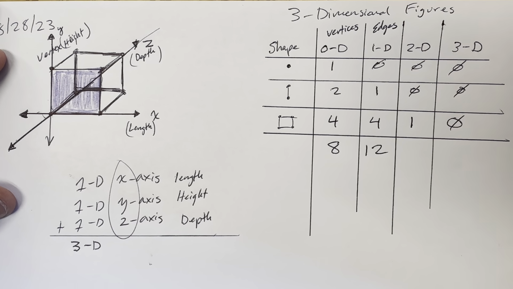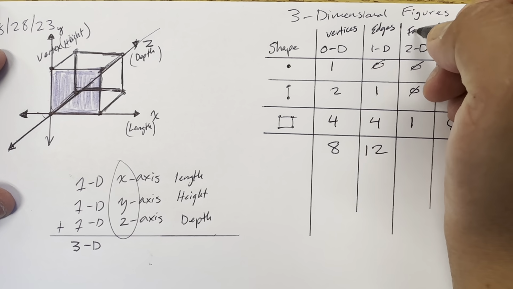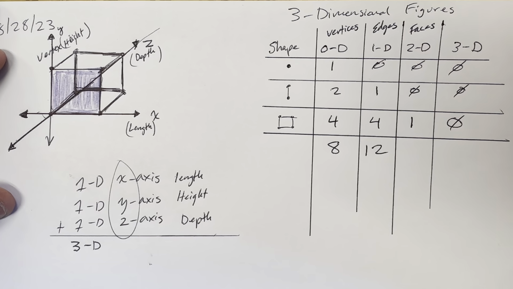Okay. The last one is how many 2-dimensionals do we have? How many faces does this 3-dimensional figure have? This prism. Okay. So in other words, we have one face here in purple. We have another face way in the back. I'll color that pink.